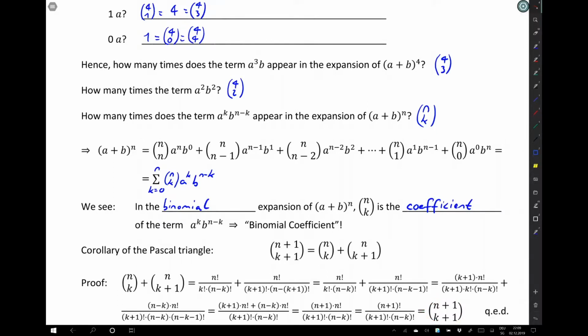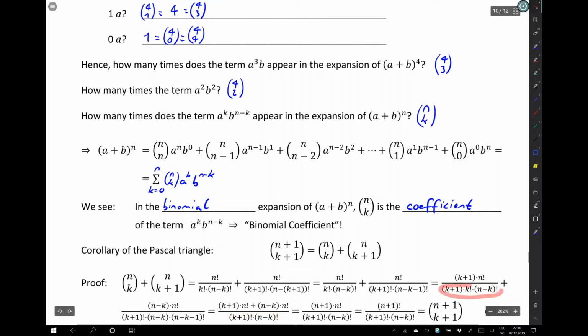It is rather simple. Here we just use the definition of the binomial coefficient. Then here we make an algebraic transformation. Next step, we expand by k plus 1 the first quotient and by n minus k the second quotient here. And now k plus 1 times k factorial is just (k plus 1) factorial times the (n minus k) factorial.